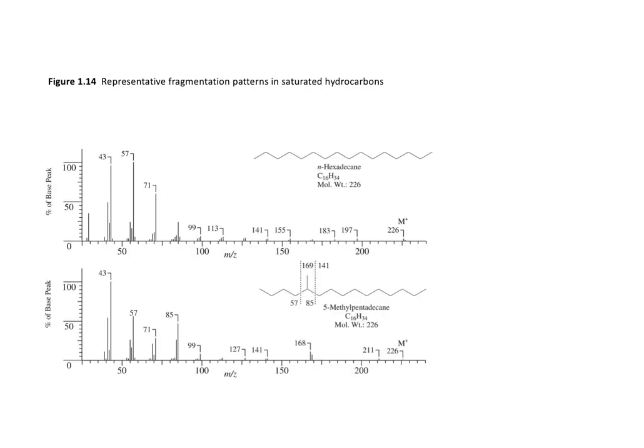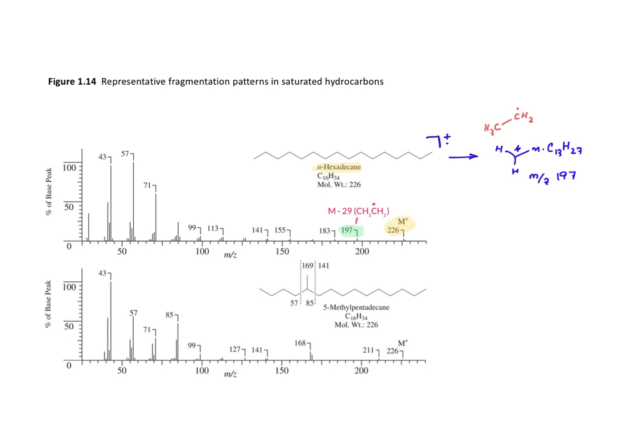Hydrocarbon fragmentation gives the more stable carbocation, which is detected with loss of the more stable radical. For a linear hydrocarbon such as hexadecane, the methyl radical is less stable than the ethyl radical. Therefore, after the molecular ion peak, the first fragment observed is loss of ethyl radical to give a 14-carbon primary carbocation as a very tiny peak in the spectrum.